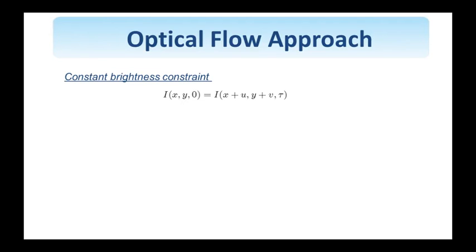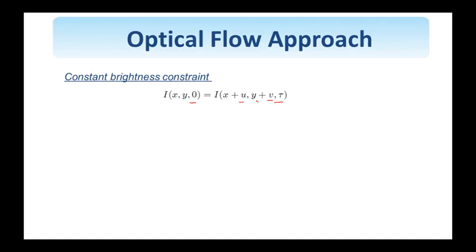So if I observe a certain intensity of a pixel at the current frame at time tau, I expect to find the same intensity at the reference frame at time 0, translated, however, by u in the one dimension and v in the other dimension. So this is the constant brightness constraint under pure translation assumptions.